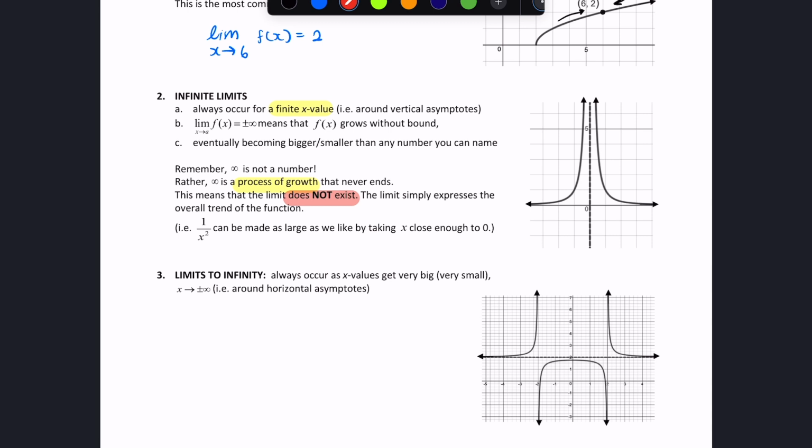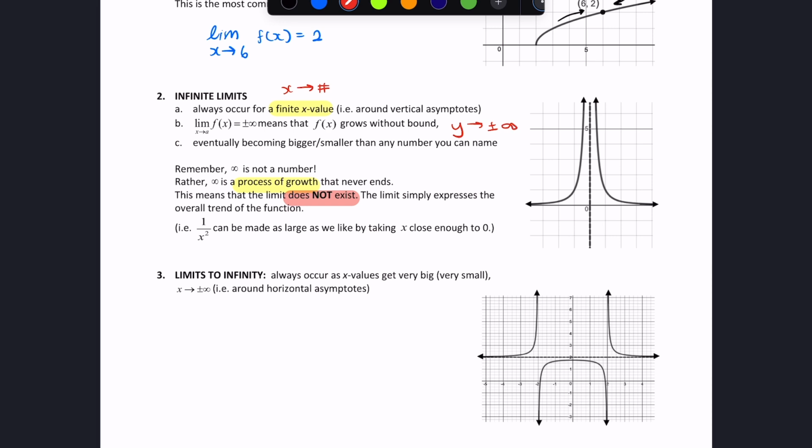So here, we know that x provides us with a number, and here, y goes to positive or negative infinity.